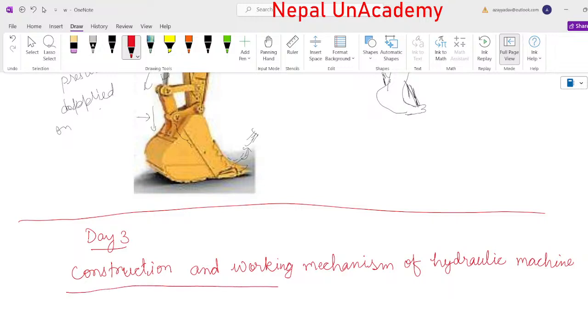So it is the topic name for today, and the date of today is 18.